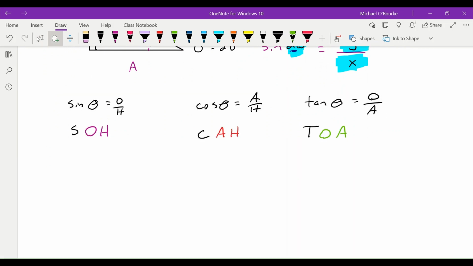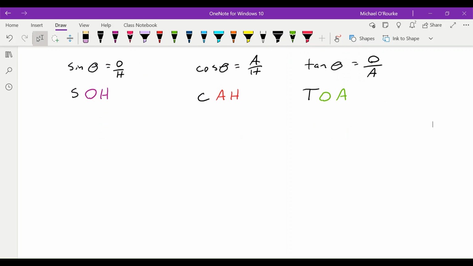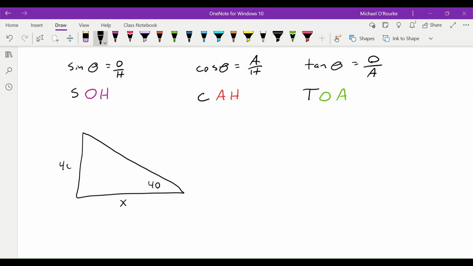Okay, let's do another one. Write down this triangle here. I'm going to do exactly the same thing we just did. The first step is to label our triangle and fill in our H, O, and A and theta.